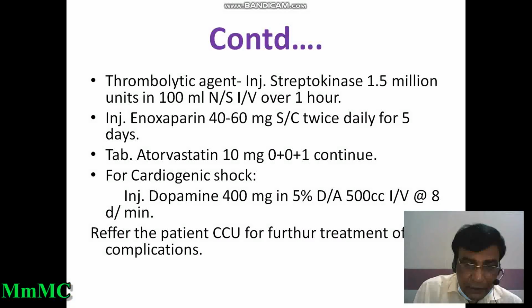For cardiogenic shock, injection dopamine 400 mg in 5% dextrose 500 cc IV at 8 drops per minute. And we should refer this patient to CCU for further treatment of complications. So this is the end of treatment of acute MI with cardiogenic shock.